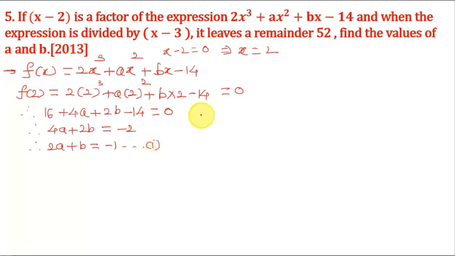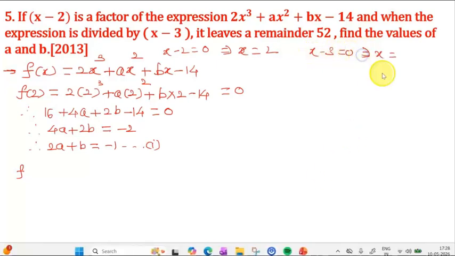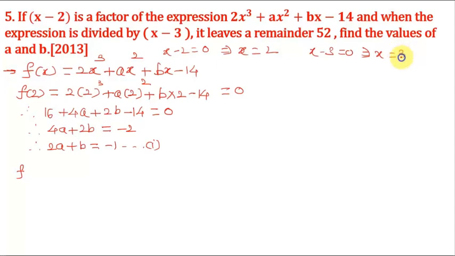What about the next? When this polynomial is divided by x minus 3, it leaves a remainder. It means f of 3. Again here, x minus 3 is equal to 0, which implies that x is equal to 3. Now replace x by 3.